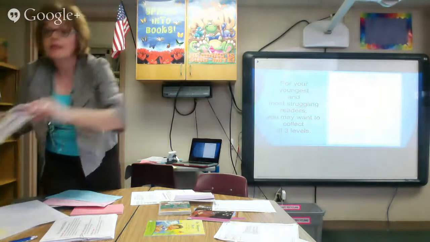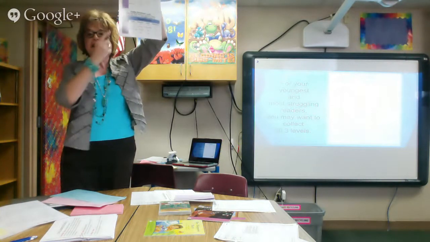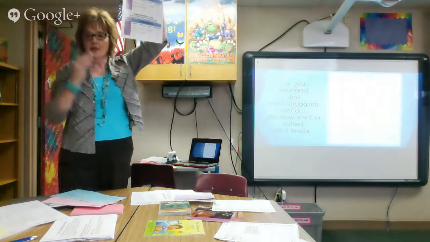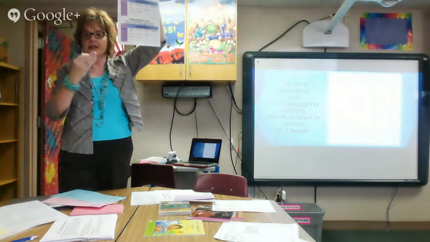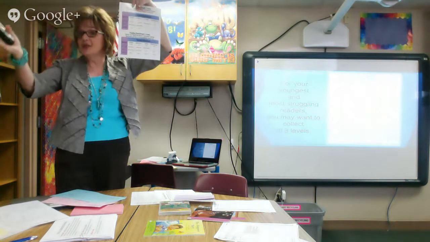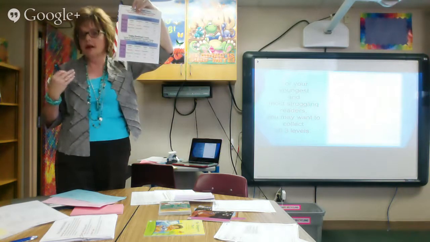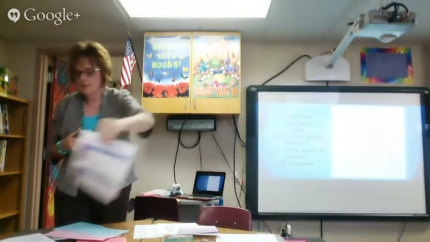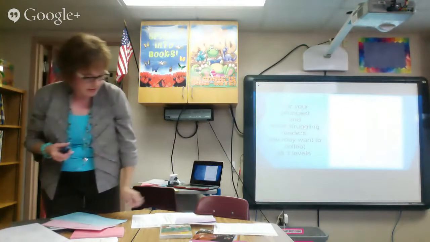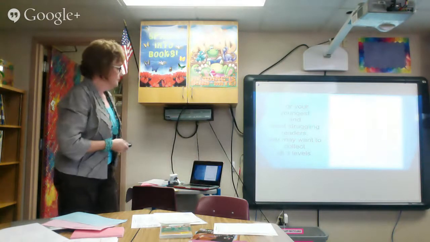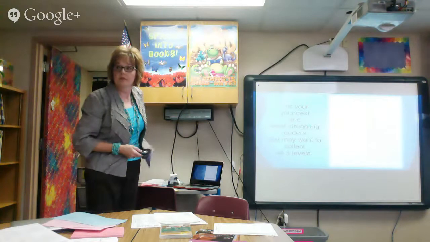Right. The level is strictly on this resource where you're looking at word accuracy and comprehension. That's how they determine. But you'll see secondary instructional issues like fluency will come up. Yeah. So you wouldn't change what you read on your sheet. Okay. But you definitely consider fluency in your instruction. Yeah.